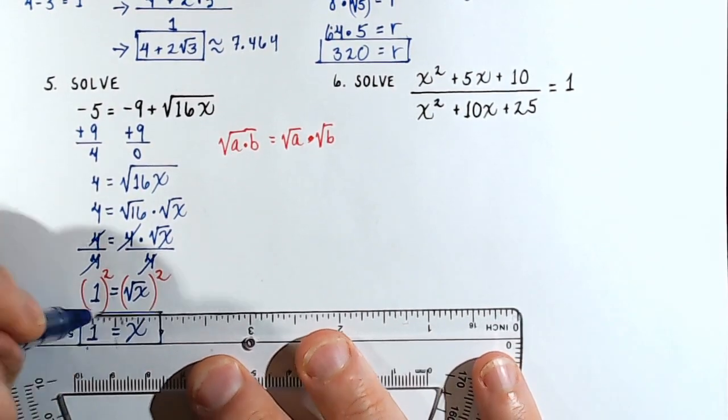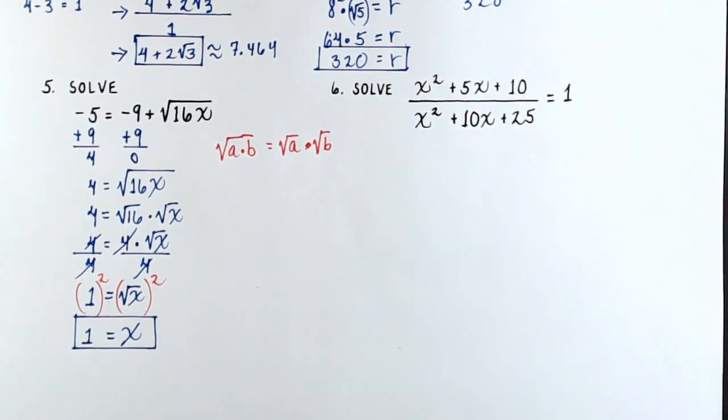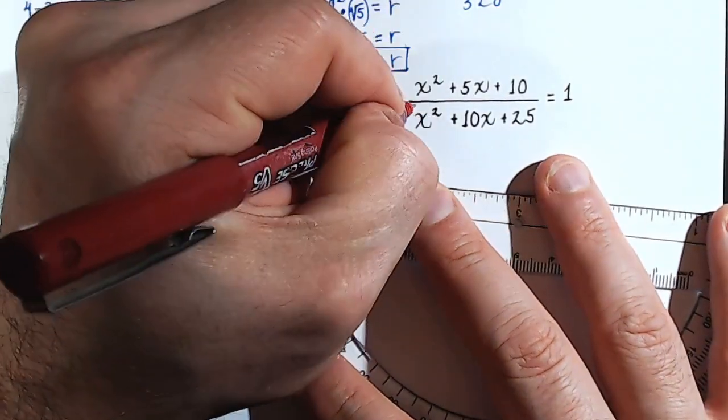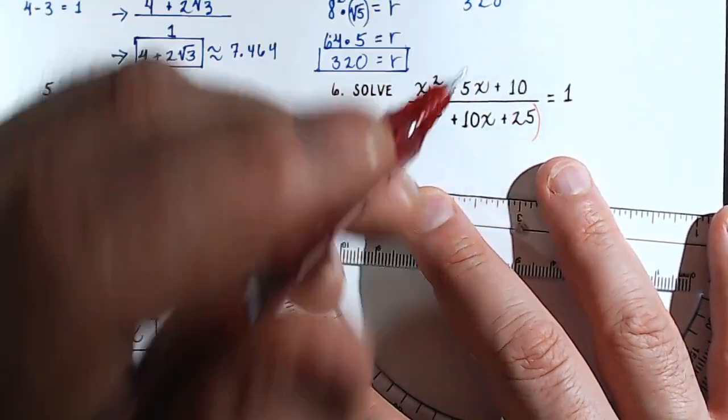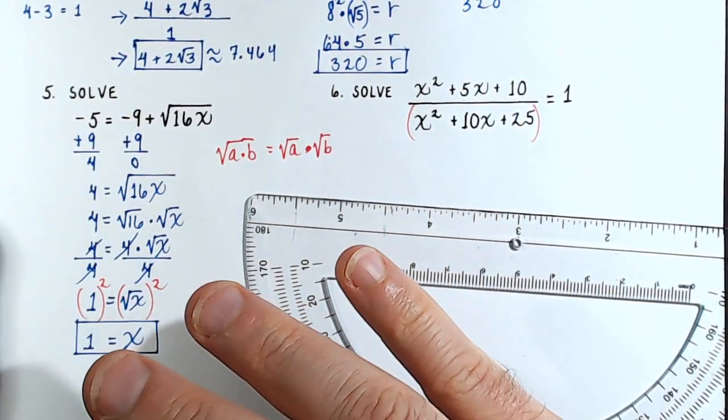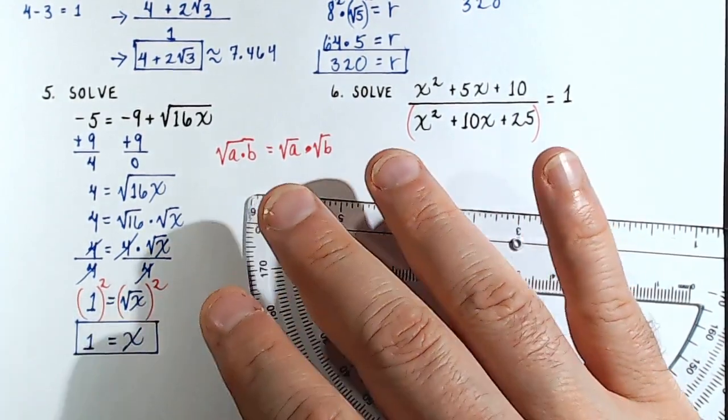Final problem, solve, and we're given a quadratic expression over a quadratic expression, and that whole thing is set equal to 1. Again, it looks harder than it is. This whole denominator can be gotten rid of simply by multiplying both sides by it.